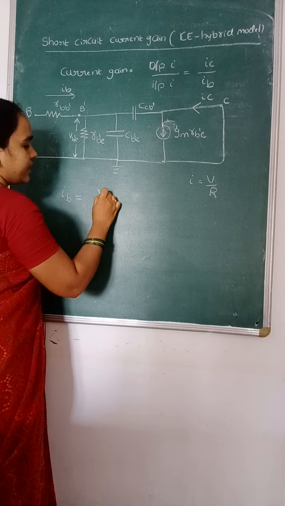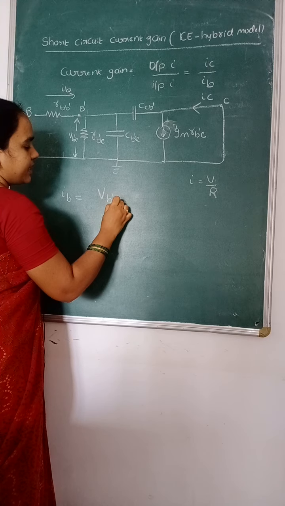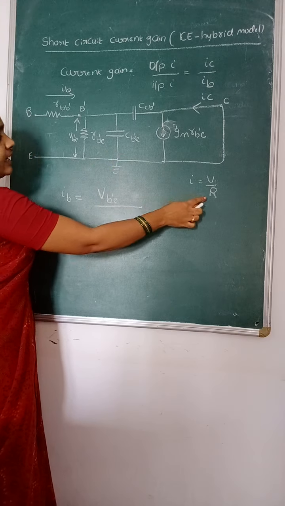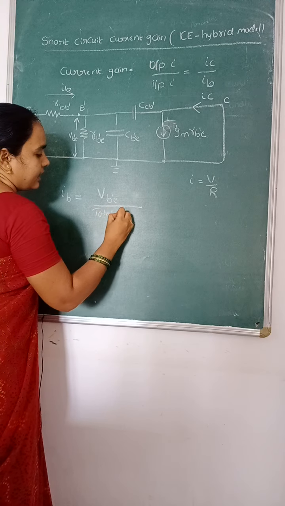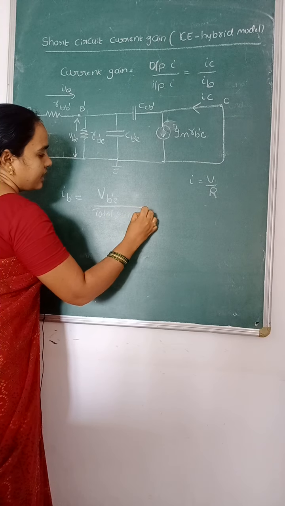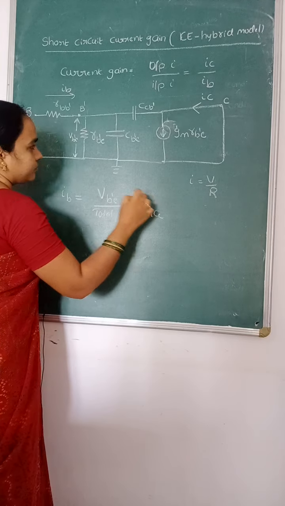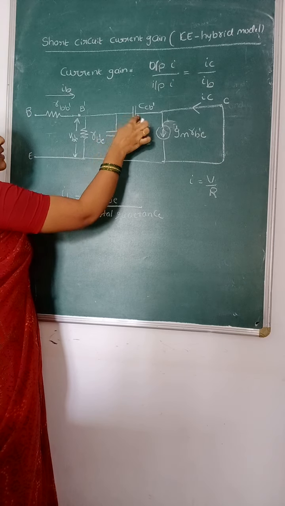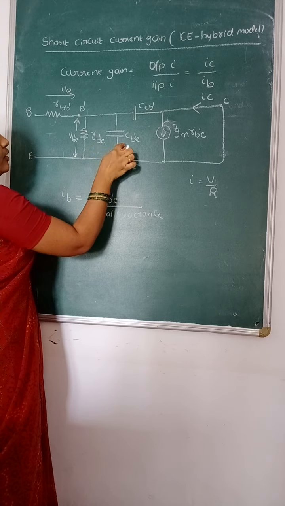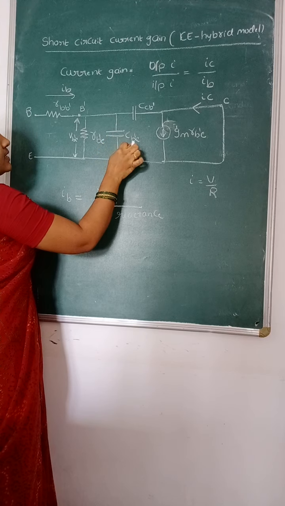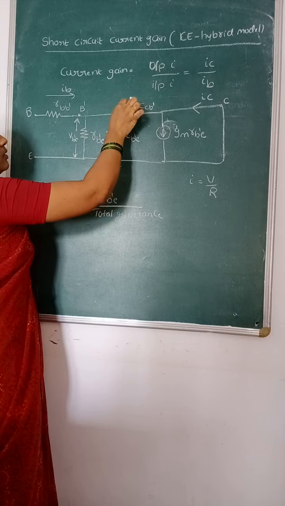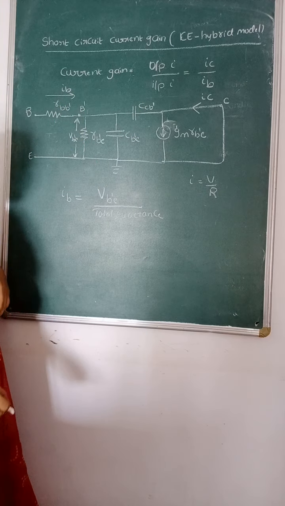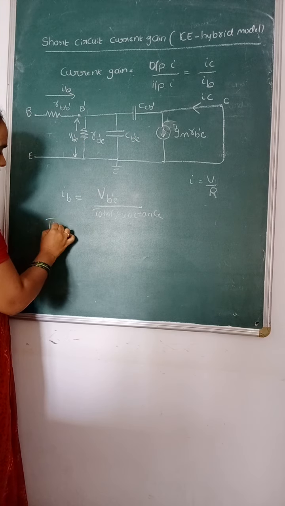So the current is V B dash E divided by capital R, where capital R is the total reactance or resistance. Here we have three elements, one resistance and two capacitances, through which the base current passes.